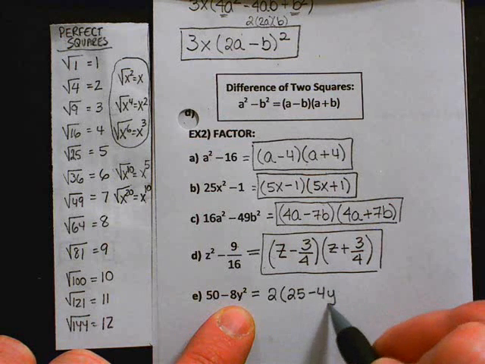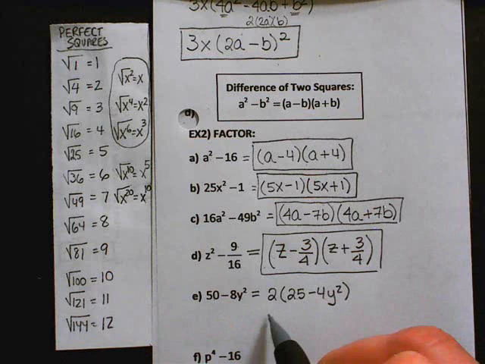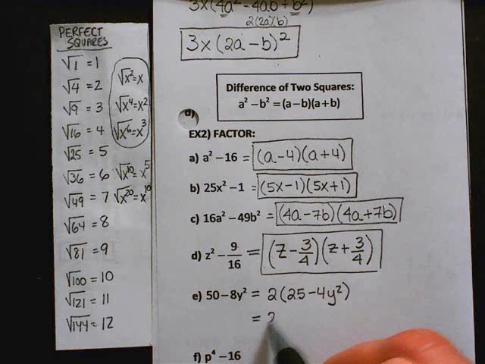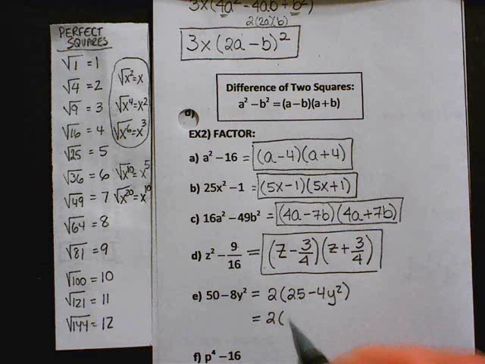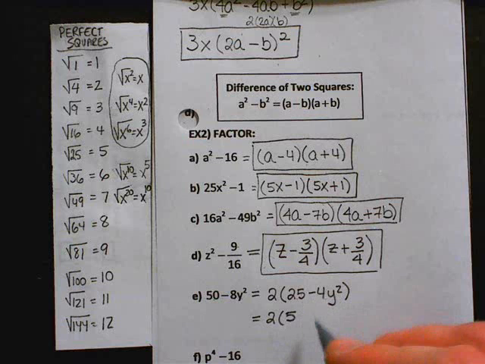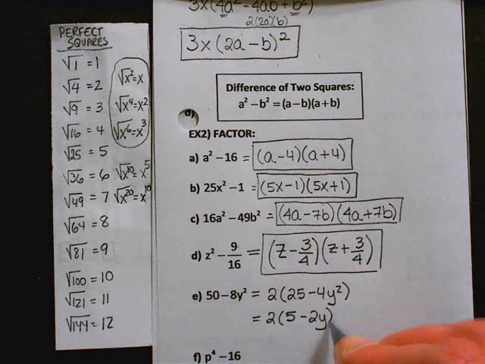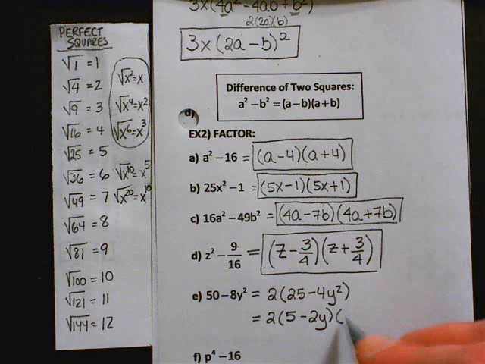And now I have perfect squares. So copy the 2, and square root of 25 is 5. Square root of 4y squared is 2y. So the second parenthesis is going to be 5 plus 2y. And that will be my answer.